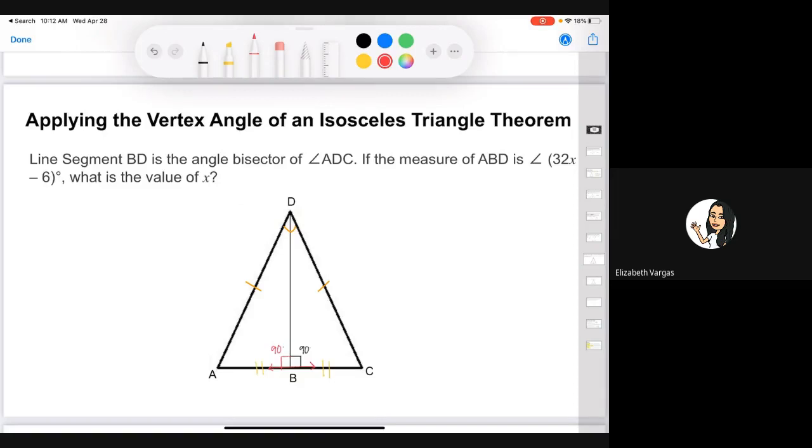They form a straight line. And what it also tells me is that ABC, which is that angle B, is equal to 90, and it's giving me an equation to find x. Basically, what I can do is I can do 32x minus 6 equals 90.